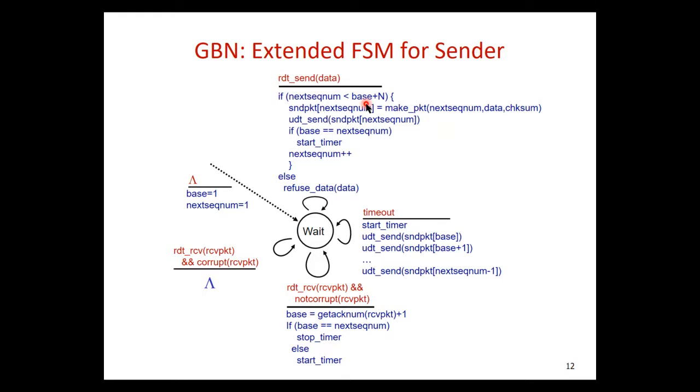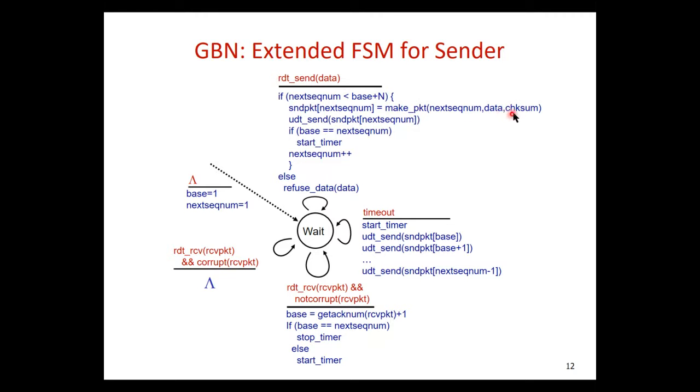If the next sequence number is less than base plus n, that means next sequence number is inside the window. So it can use next sequence number as the sequence number for this packet. If that is true, then it's going to make a packet, using next sequence number as the sequence number for the packet.